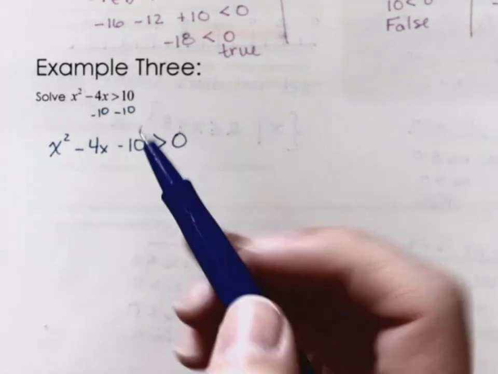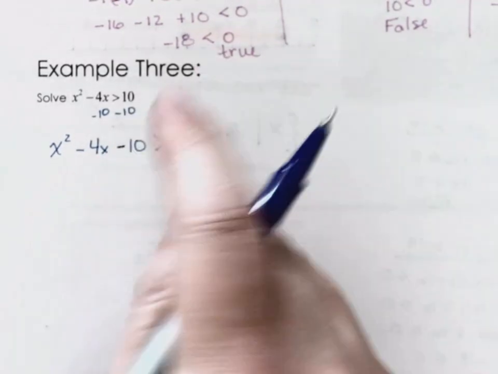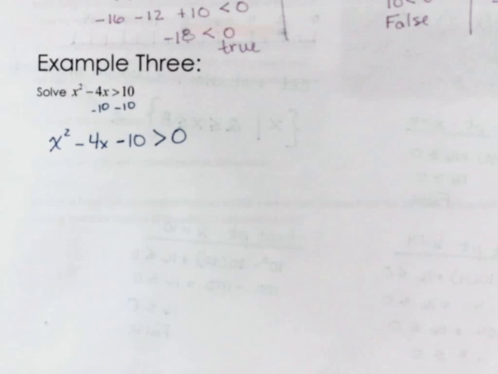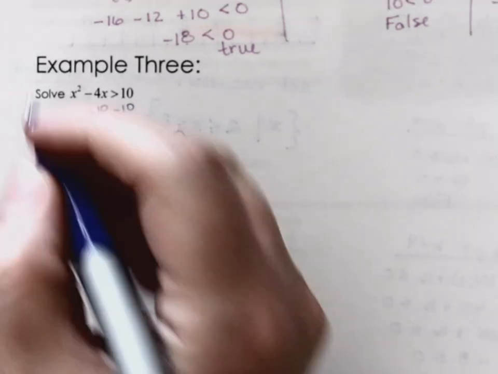Okay, so now what we're going to do is we are going to say what are the factors of negative 10 that add up to a negative 4. None that I can think of. 2 and 5, they don't go to 4, and 1 and 10. So this isn't an easy one. This is where we have to use the quadratic formula.